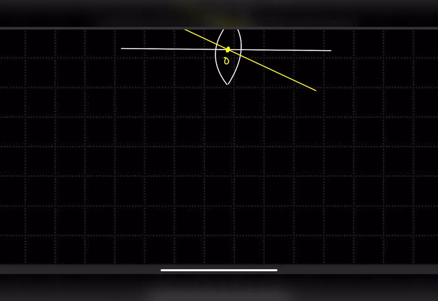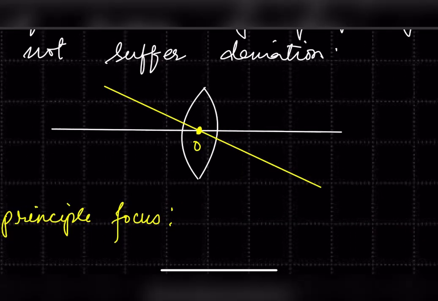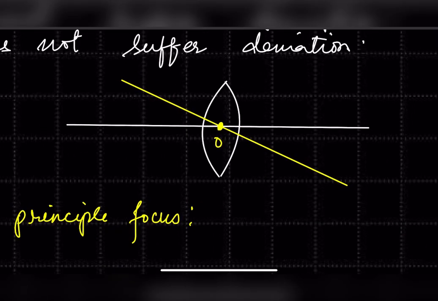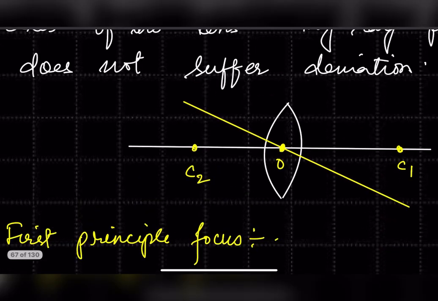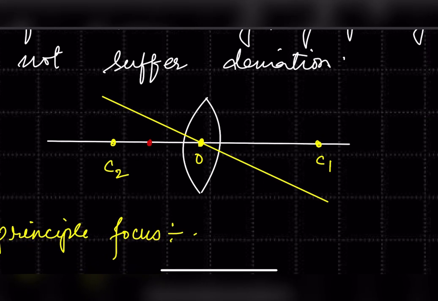Okay. Next we have first principal focus. What is first principal focus? Let's take this lens and try defining it. So first principal focus will be this one, f1.